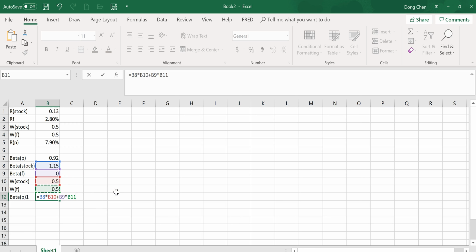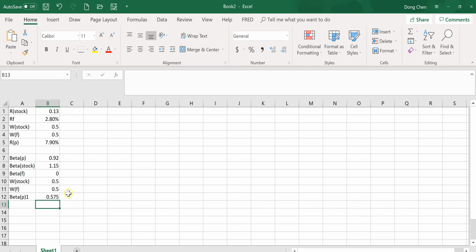So you can see, if the weights are like this, the portfolio beta will be this number, and this number is not what we want because we know that portfolio beta is 0.92, right?